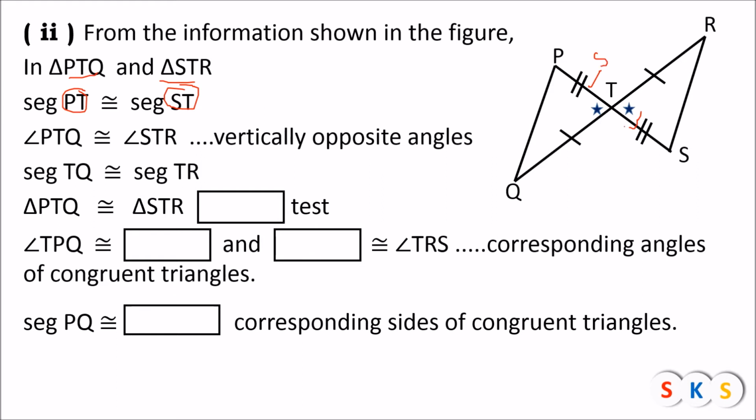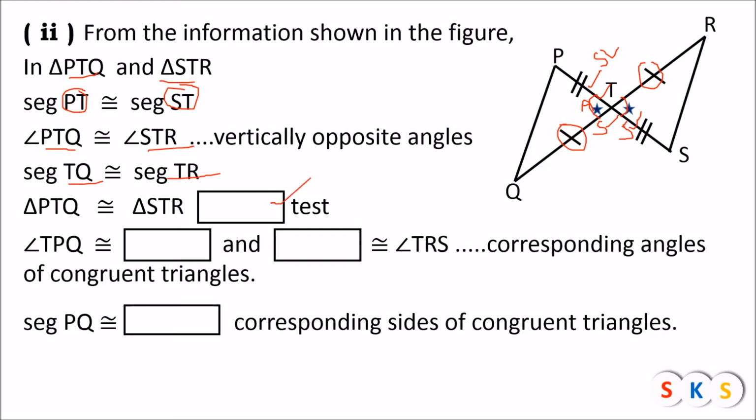Angle PTQ is congruent to angle STR because they are vertically opposite angles. And side TQ is congruent to side TR, it's given. Therefore these two triangles are congruent by the side angle side test. So what we will write here is side angle side test.